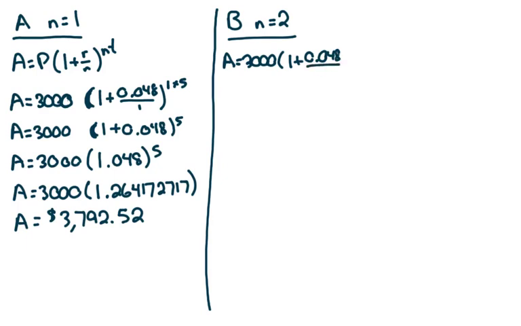But now n is 2. So the exponent will be 2 times 5 then. 0.048 divided by 2 is 0.024, to the power of 10.